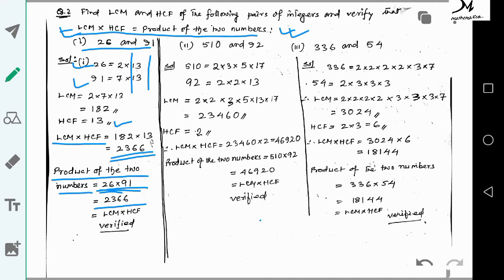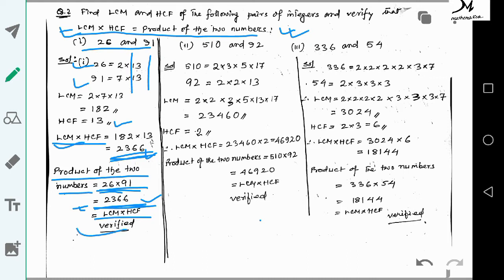If you are not getting the product of the two numbers equal to LCM into HCF, then your calculation is wrong. Okay, so you must get these two equal. That's why here you see the product of the two numbers is also 2366, which is equal to the LCM into HCF. So the product of the two numbers is equal to LCM into HCF, hence verified.